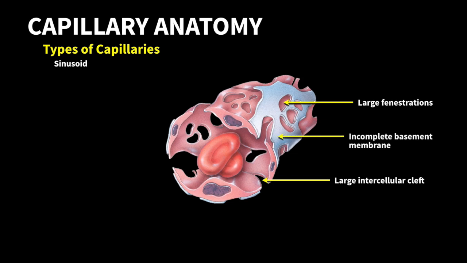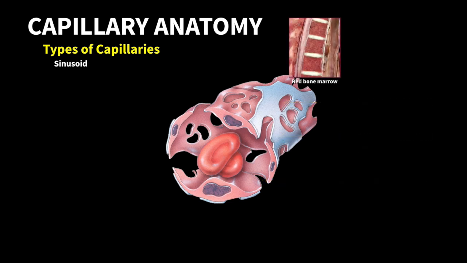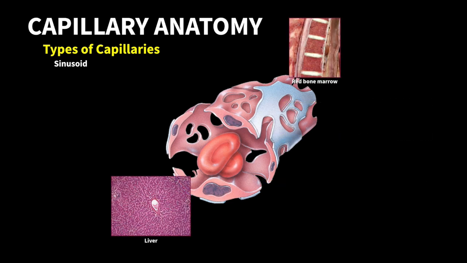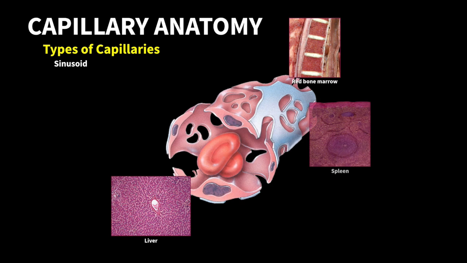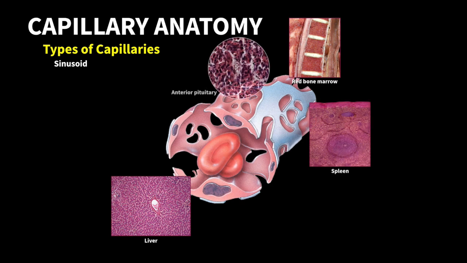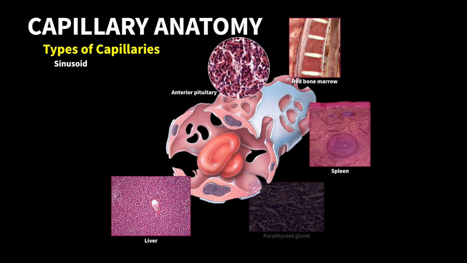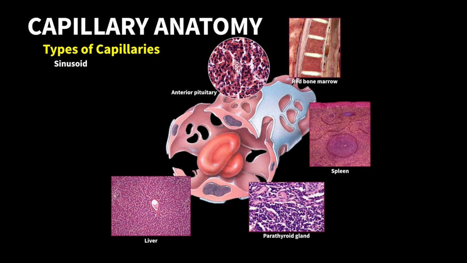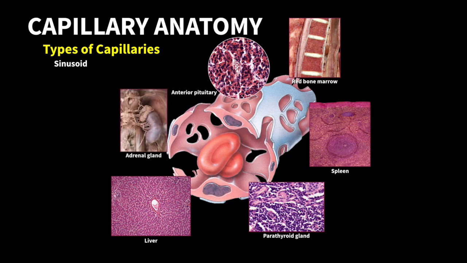These large openings in their wall allow large proteins and even cells, which cannot move through the other capillaries, to enter and leave these capillaries. Sinusoids are found in red bone marrow, the liver, spleen, anterior pituitary, the parathyroid gland, and adrenal gland.